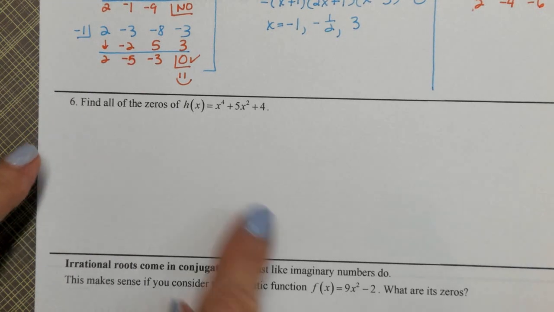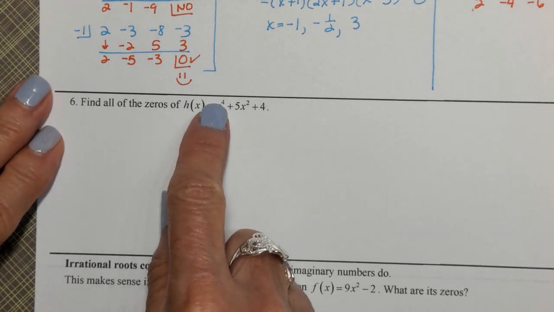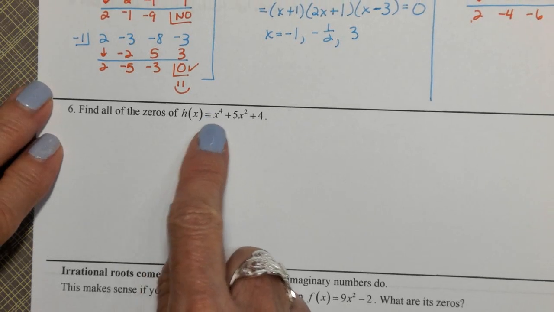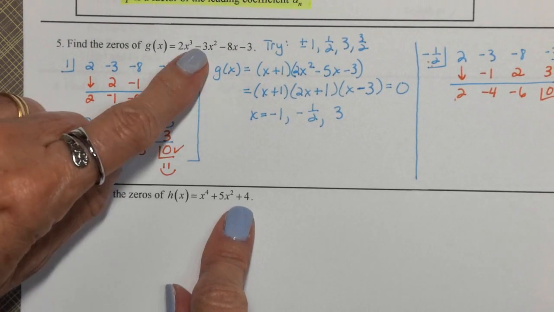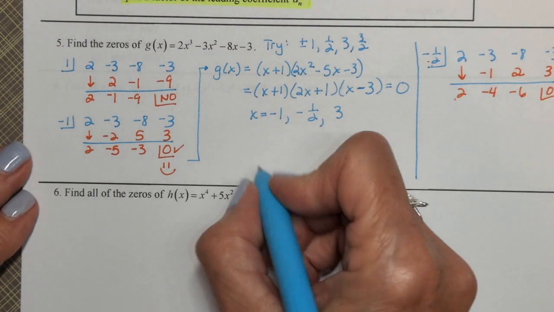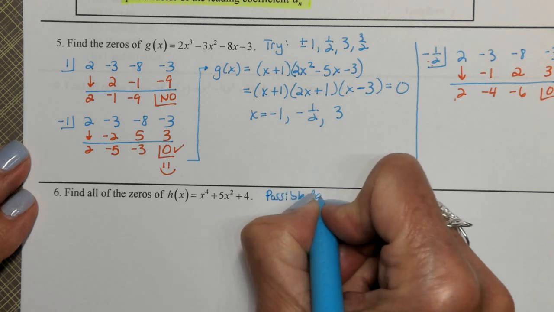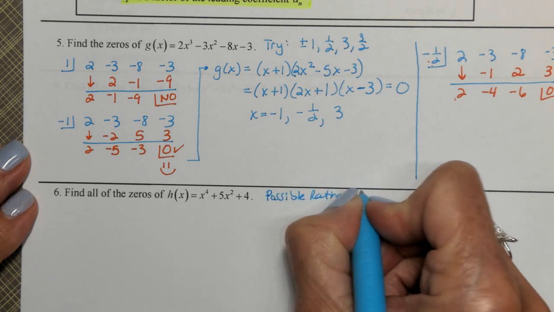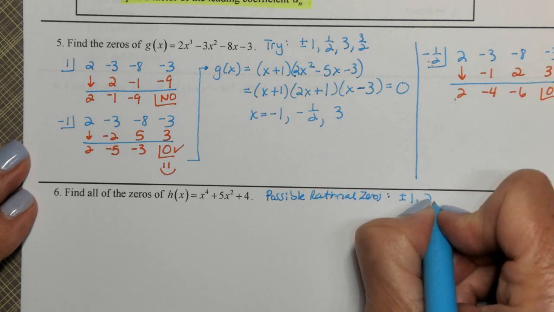Find all of the zeros of this one. It's a fourth degree. So we could go through the possible rational zeros of this like we did this one. The possible rational zeros would be plus and minus 1, 2, and 4.